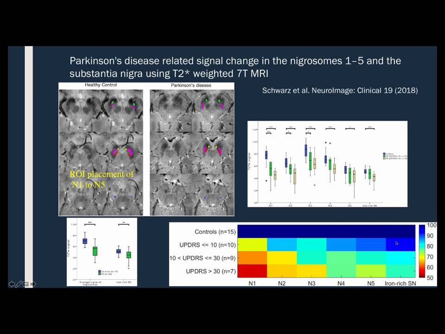This is a complex question, and even though these studies claim that the iron-rich areas are not giving the information, actually, if you look at here, you still have a gradient from healthy volunteers to patients. The question is how good we could be at separating this.